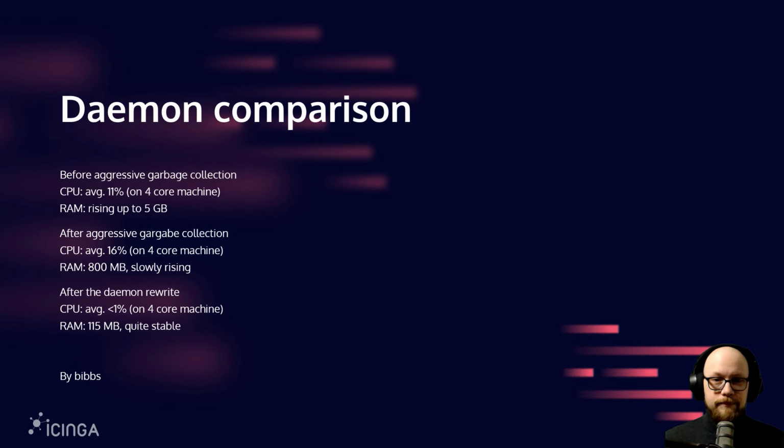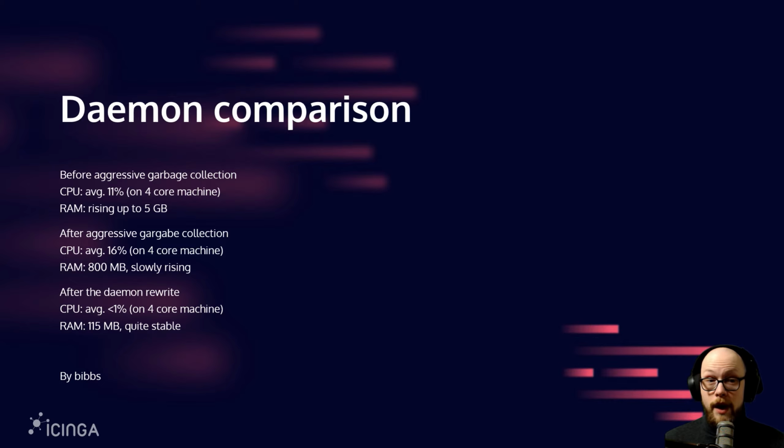Now, we are always community driven. So basically, one user called Bips in our community ran some tests with Icinga for Windows, and basically what he did was testing before we implemented the aggressive garbage collection that we introduced with 1.7.0, and the CPU averaged at around 11% at a time, and memory was rising up to 5 GB.